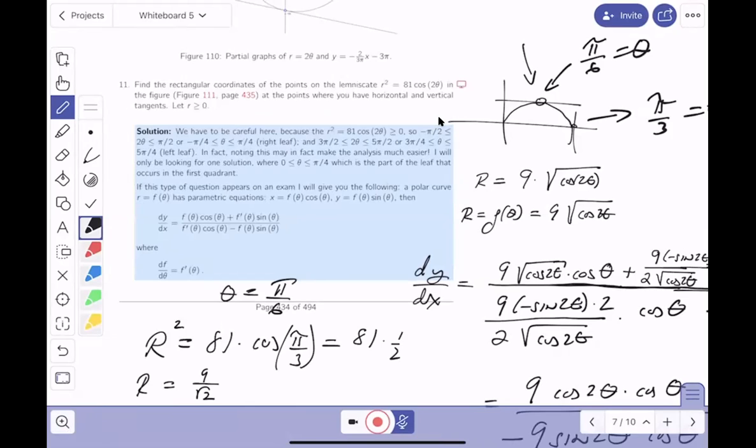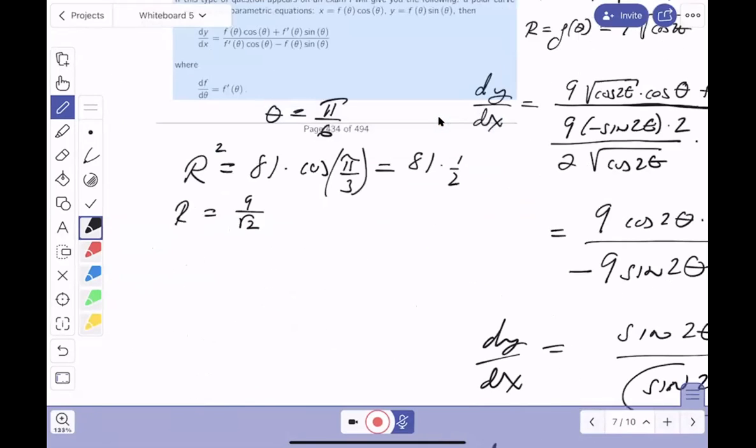All right, so did I need to do that though? Let me see, find the rectangle. Oh, they want to find the rectangular coordinates. So what do you get over here? X equals R times cosine pi over 6. I'm sorry, what's R? It's 9 over root 2.